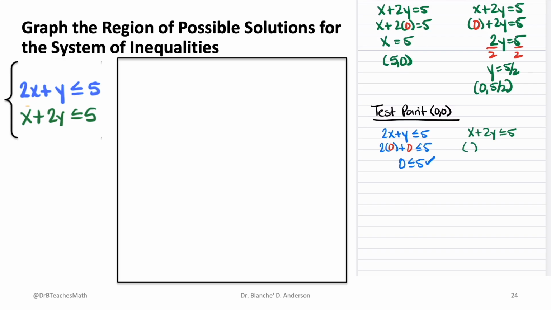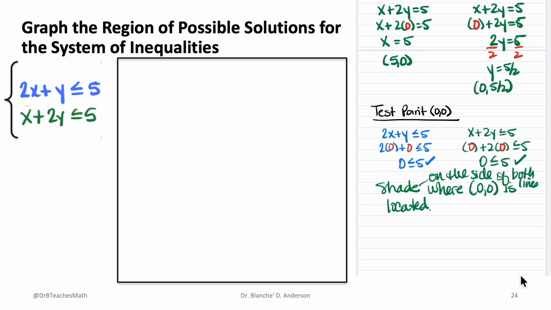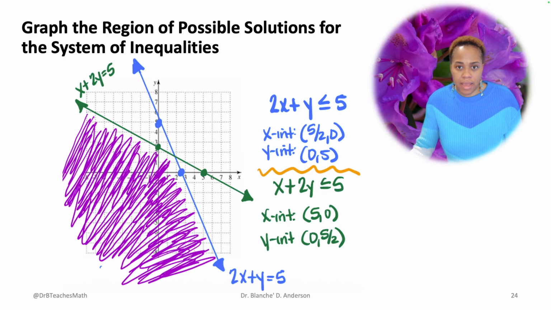So then you're going to have 0, 0. So is 0 less than or equal to 5? It checks. Shade on the side where 0, 0 is located for both lines. So if we look at this one, you'll notice that here's our x-intercept, y-intercept, x-intercept, y-intercept, the blue line, and the green line.